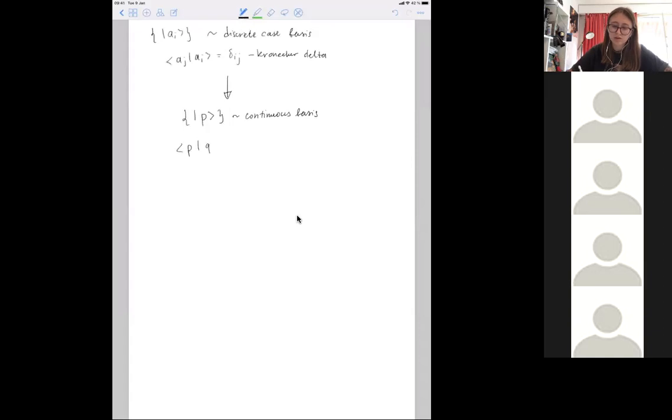So then the condition that we would be looking at would be the following. Like in the second exercise, if you compute the inner product between P and Q, then you would actually get the delta function.